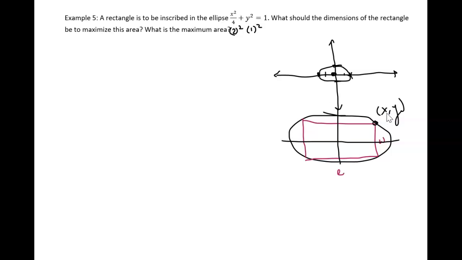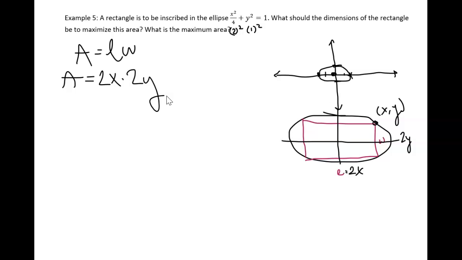But if this point is x comma y, then we know that the length is 2x, and we know that the width is 2y. That's y above and y below, x to the right and x to the left. And since we're trying to maximize the area, if area equals length times width, in this problem, area equals 2x times 2y.